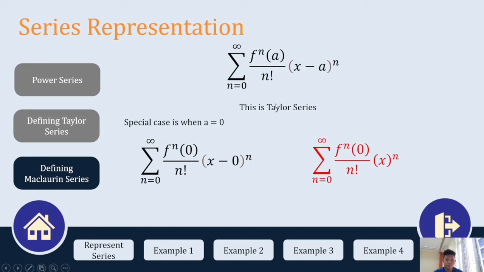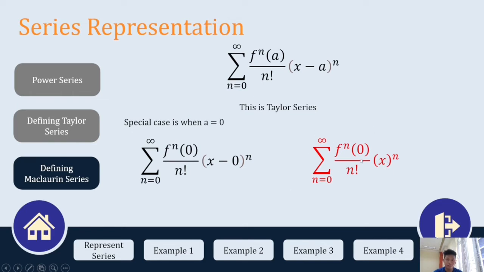The special case of the Taylor series is when a equals 0. If we plug 0 in there, we will have the summation of n equals 0 to infinity of f^(n)(0) over n factorial times x to the power of n.